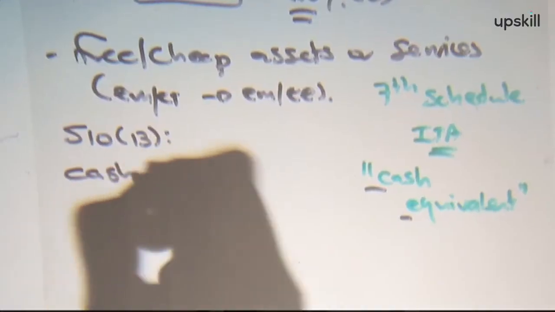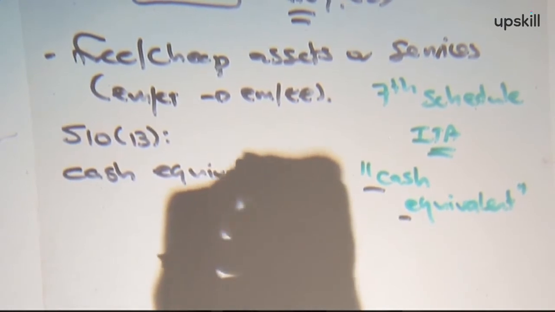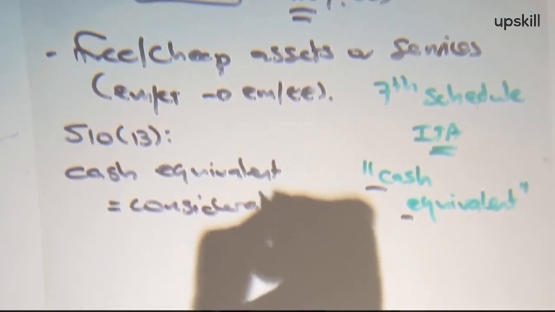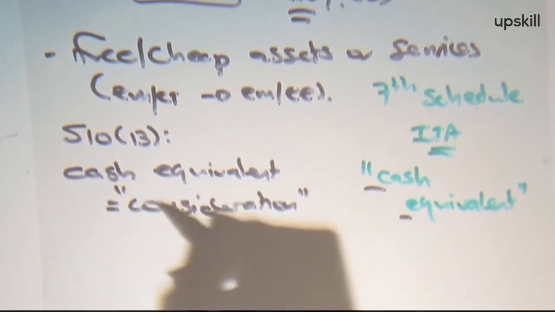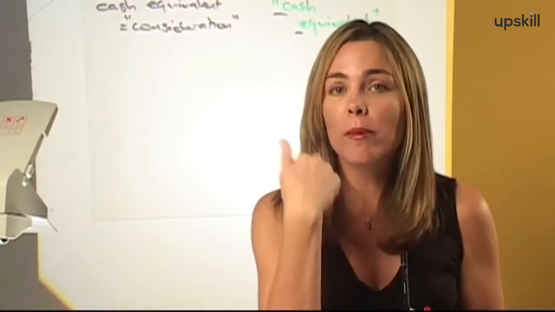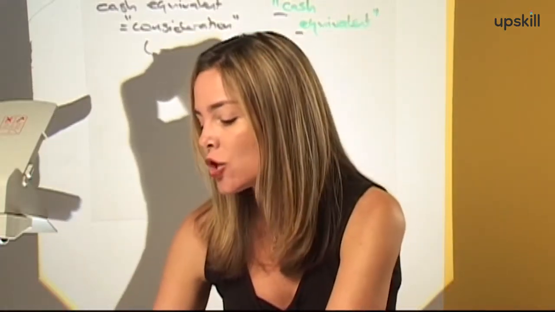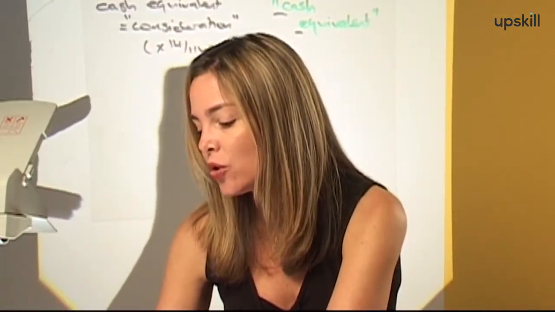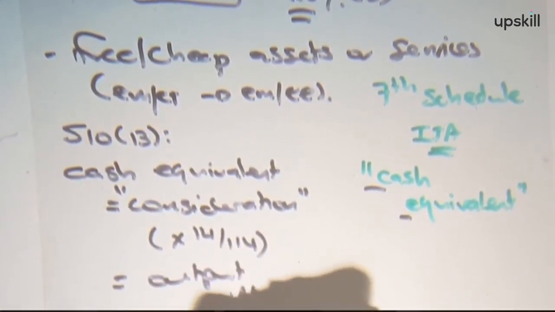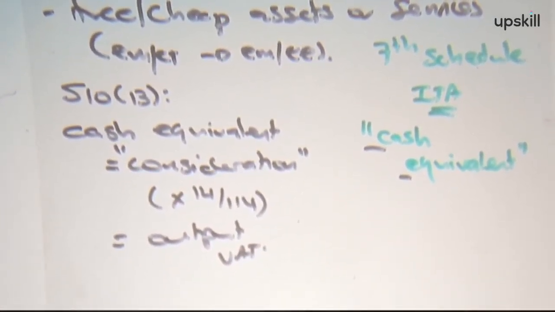That same cash equivalent that I used in the 7th Schedule becomes the consideration for the fringe benefit in terms of the VAT Act. Now remember, consideration is an amount deemed to include VAT, so we would have to multiply by the VAT fraction to find the output VAT the employer must pay over to SARS.